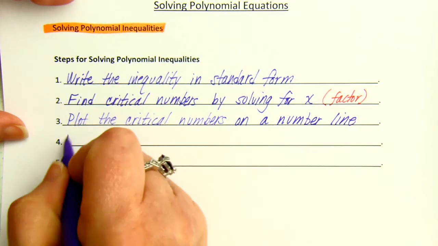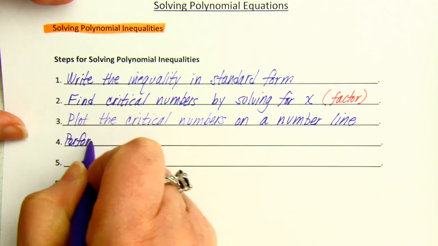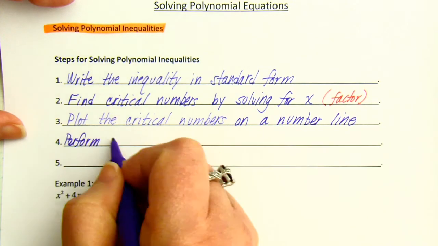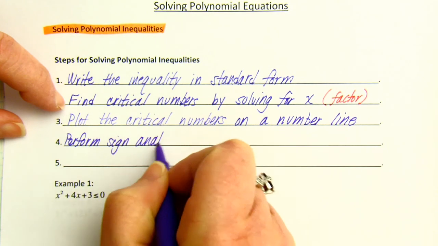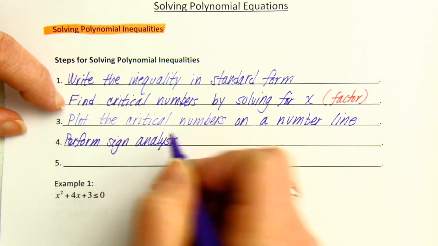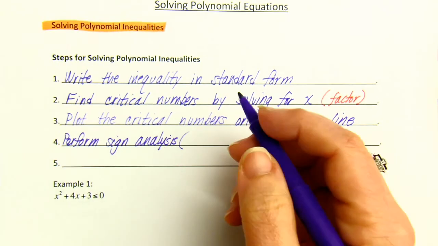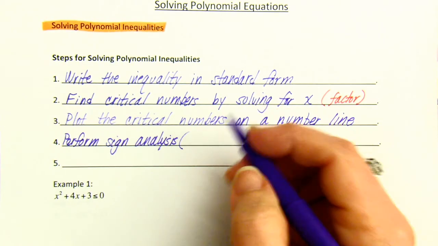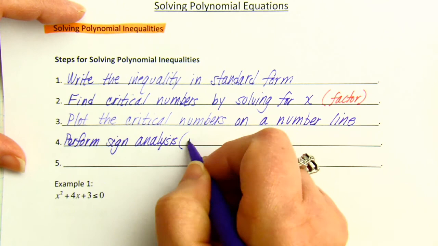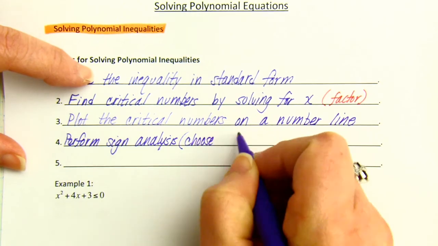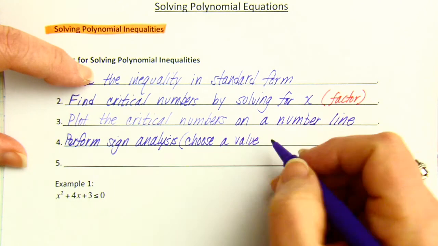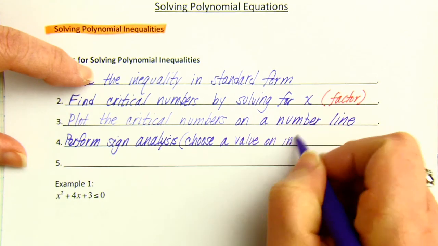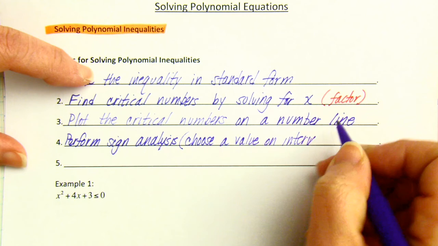So we perform sign analysis. And remember, we just did this not that long ago. You choose a value on the interval, and then you tell if it's positive or negative.